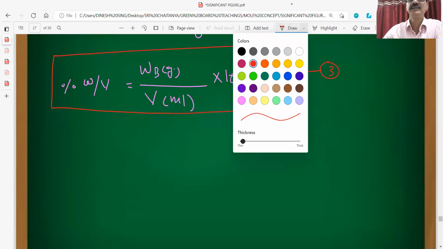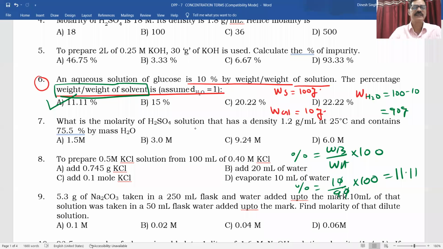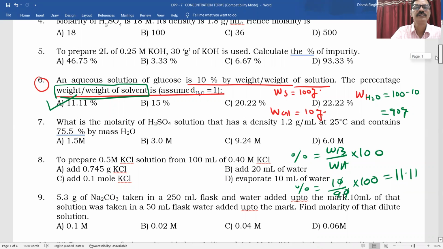So here I can search some questions in my assignment. These are some molarity related questions. To prepare 2 liter, okay, this is a molarity question.